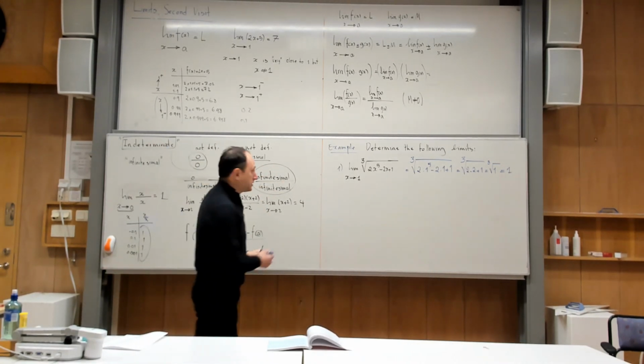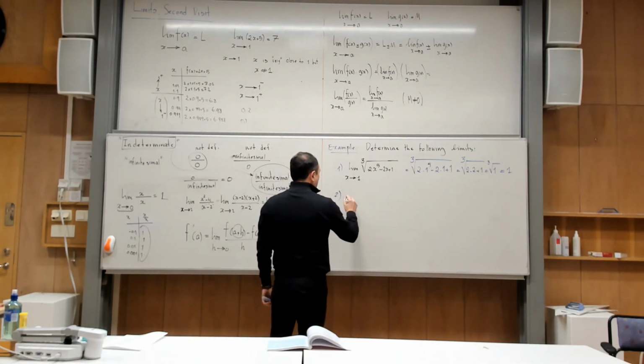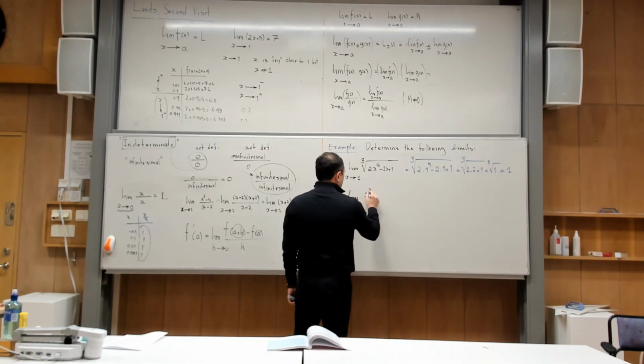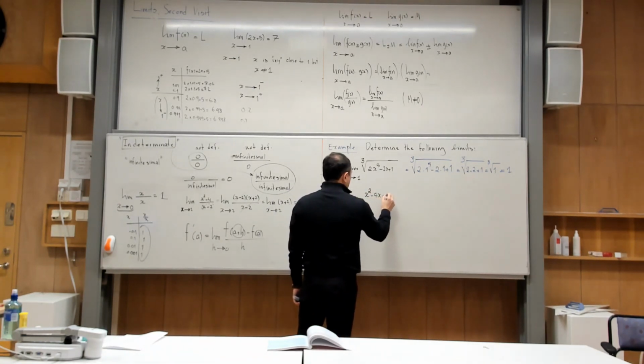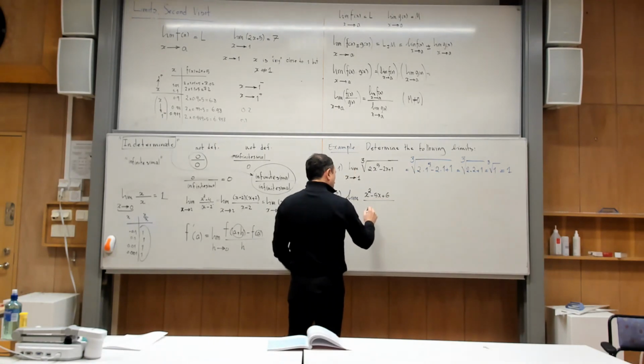That is today's lesson. So number 2, calculate this limit: x squared minus 5x plus 6 over x squared minus 4, as x goes to 2.